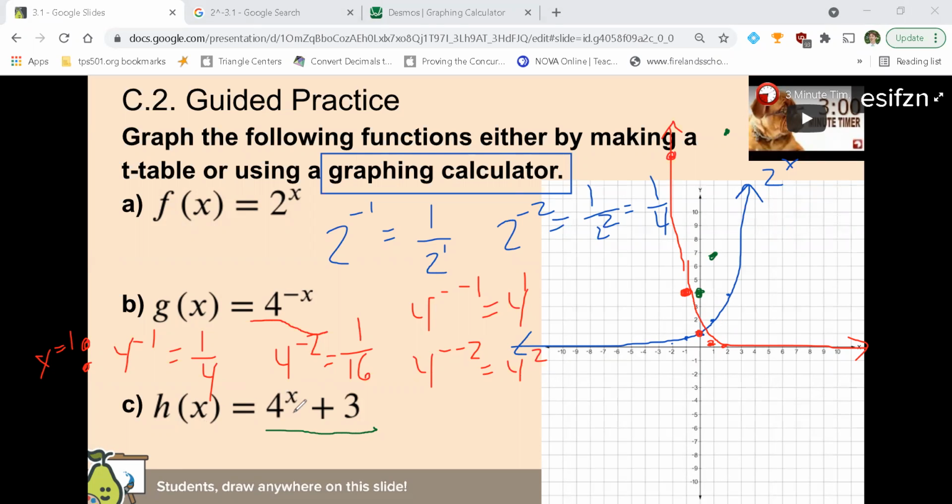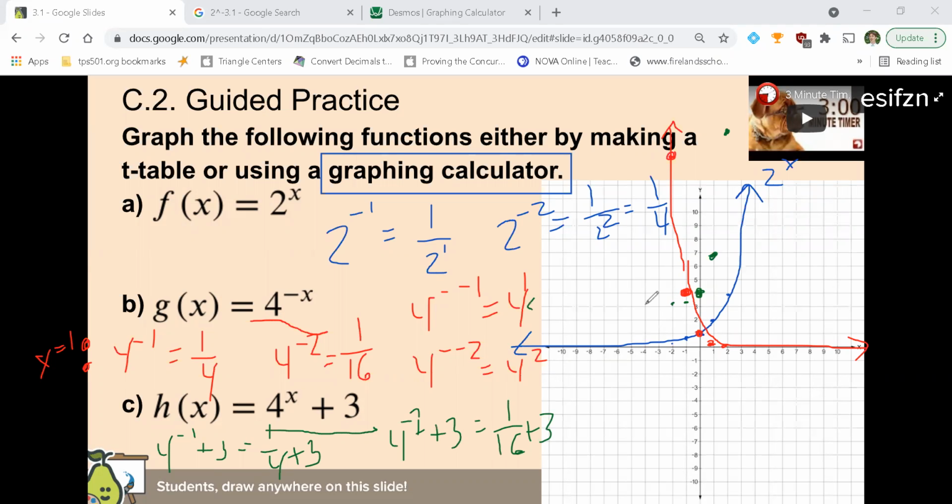If you do -1, 4 to the -1 plus 3 is 1/4 plus 3, or 3 1/4. Maybe right there. And then 4 to the -2 plus 3 would be 1/16 plus 3, or 3 1/16. Which would be right there.